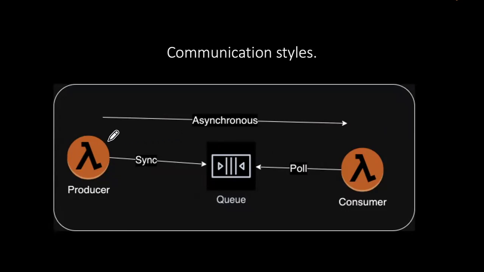And to complete the picture, we could regard the communication between these two lambdas, because they are linked in a certain way, as asynchronous, in that this lambda is not waiting for this lambda to complete its processing of messages.